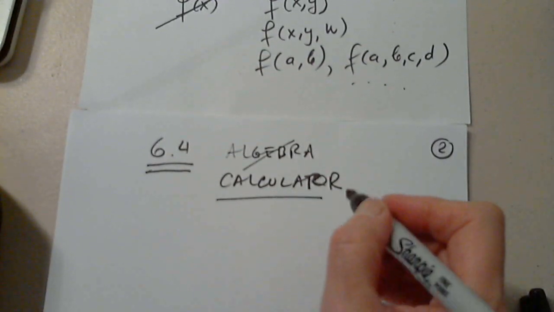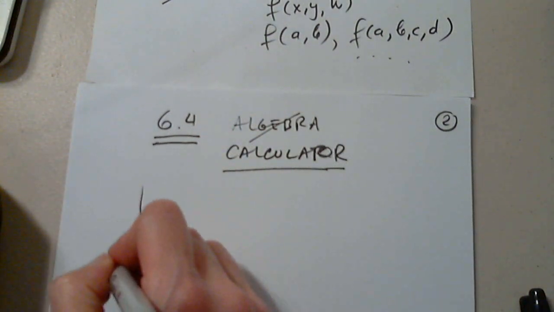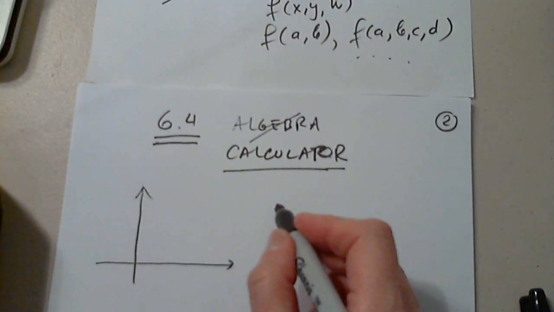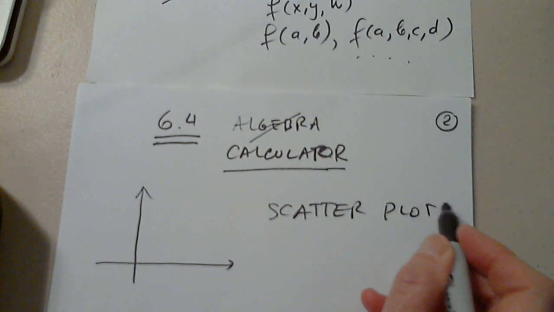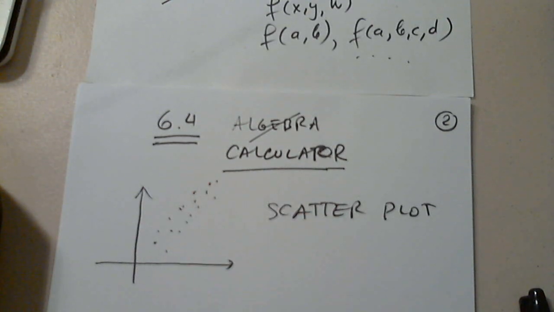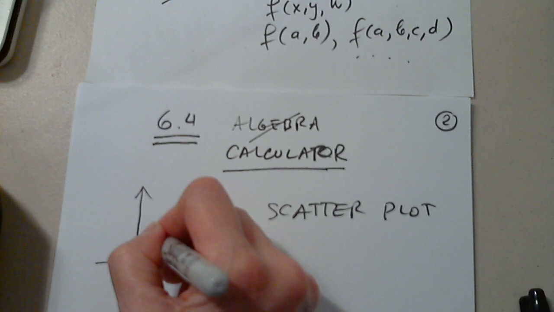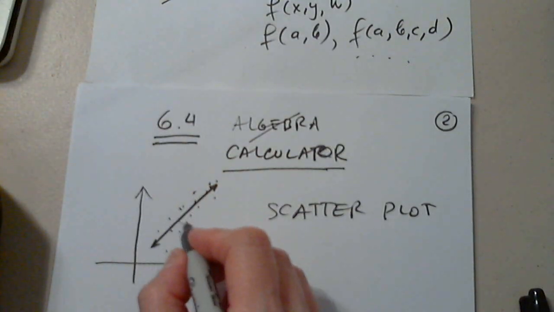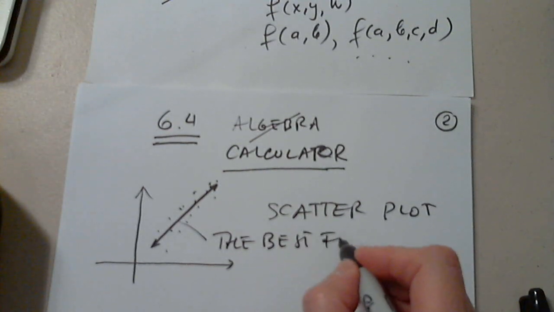Okay, so what happens is we have a scatter plot that looks kind of linear, and we are trying to fit a line through it that is called the best fit.